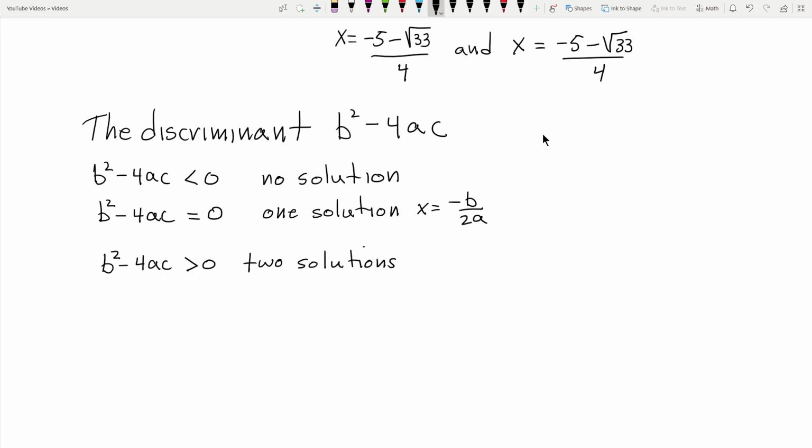All right, now, if I have two solutions, I have the possibility that I have two rational solutions or two irrational solutions.